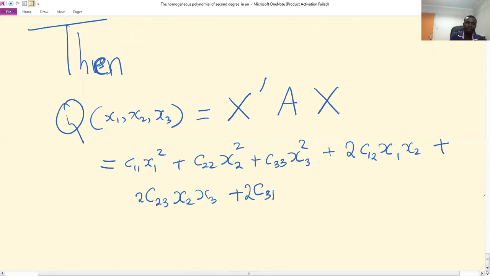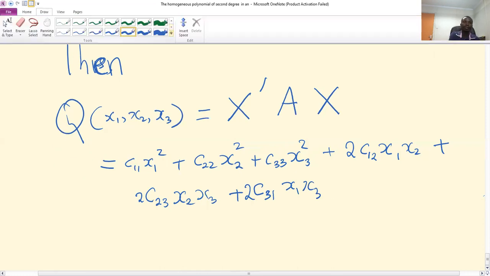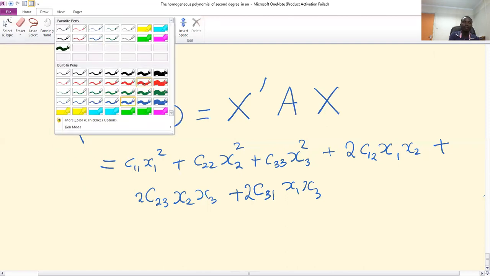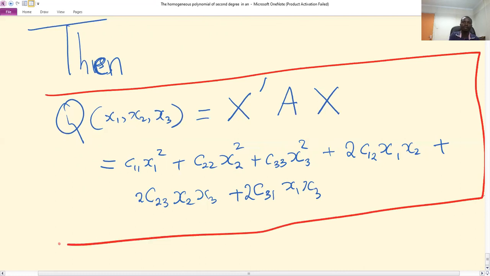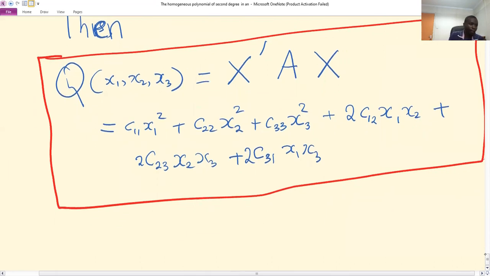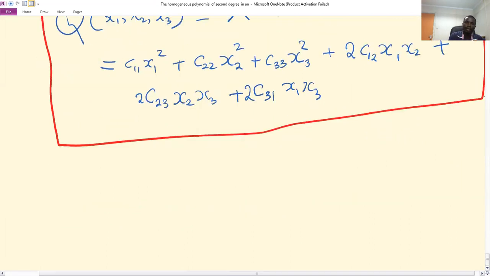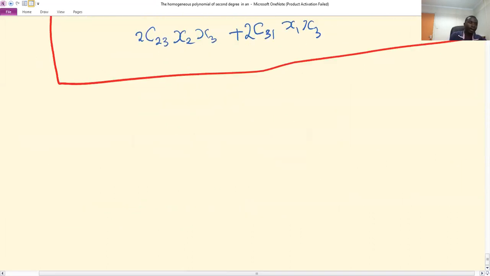This is a quadratic form for that case of 3 variables x1, x2, x3, with cij defined as a half of aij plus aji.